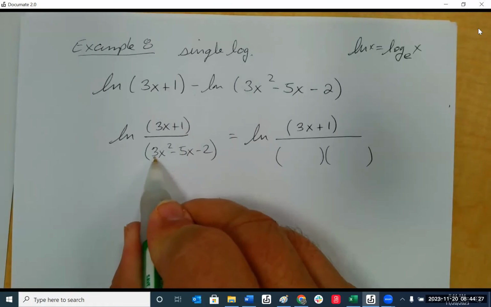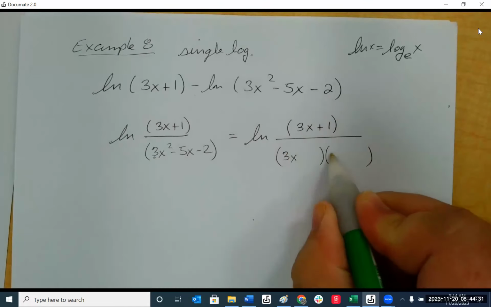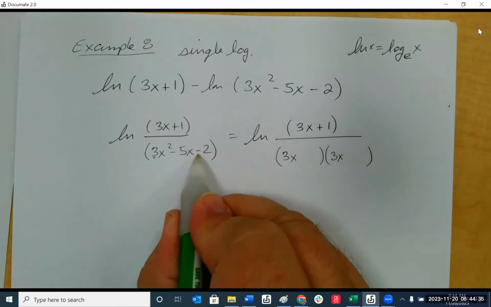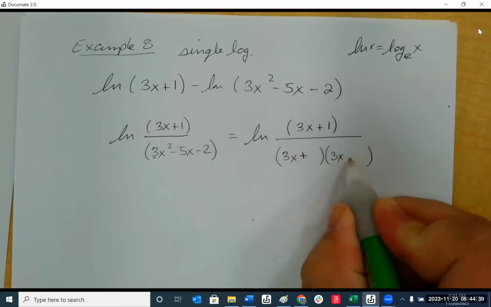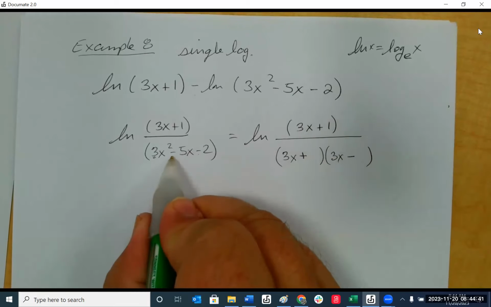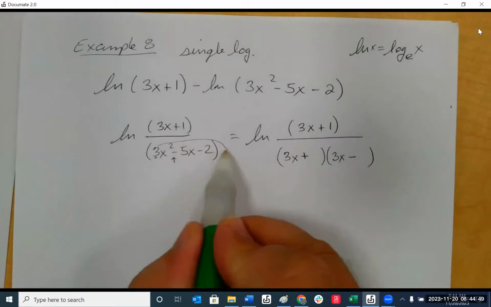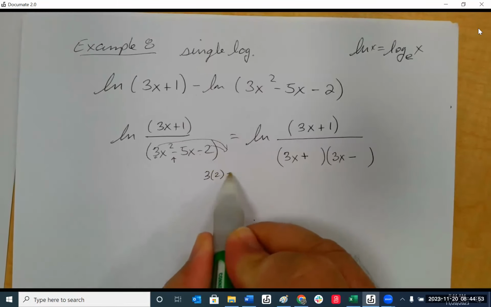Since the leading term is 3, it's 3x and 3x. The second sign's a minus, so it means opposite signs, and the bigger number gets the negative. Take the first and the last term. 3 times 2 equals 6.